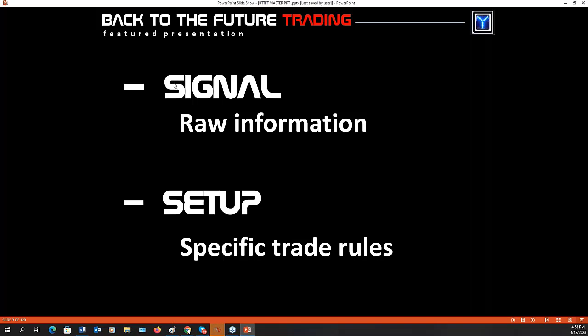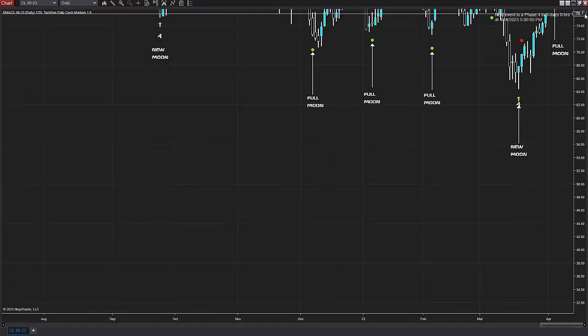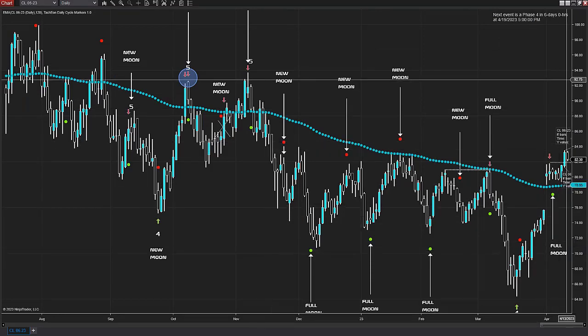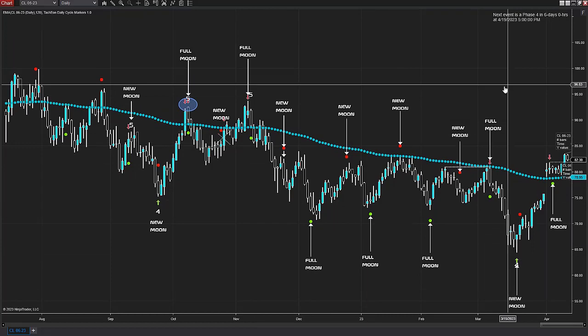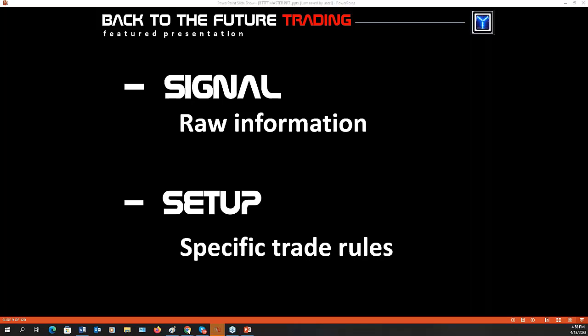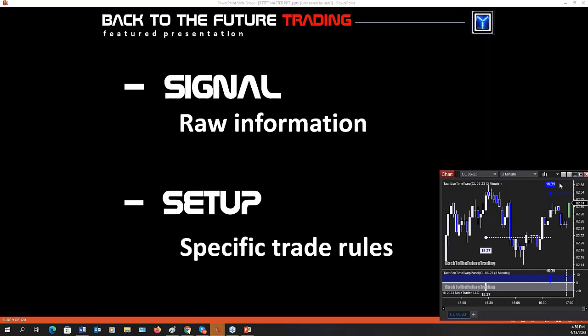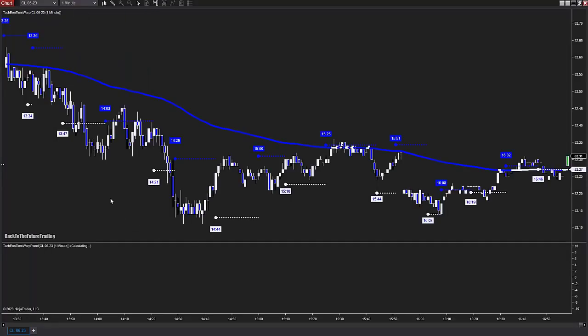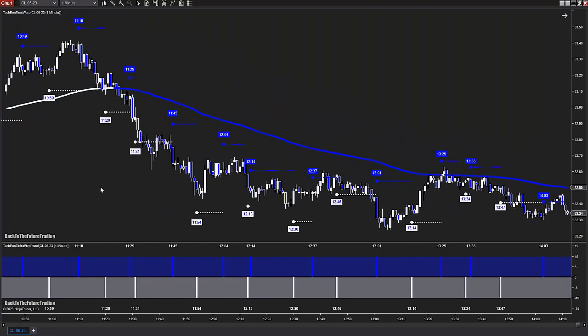So we talked a lot about the signals, the up, down, red, green, what happens when we get to the signal. And we see that 60 to 70% of the time or more, the signal that we're waiting for produces a move in the direction we were expecting, whether it's oil with an energy-based chart like the full and new moons, or oil, for example, on the chart we were just looking at on a 1 minute chart, the Roadrunner chart.